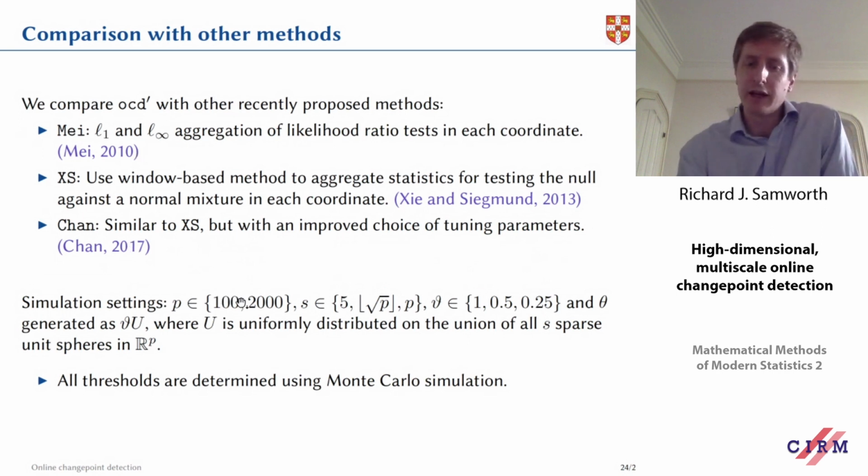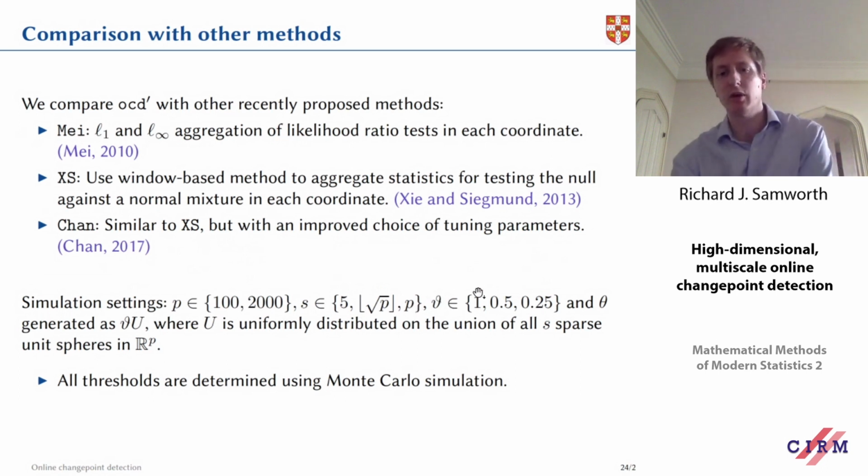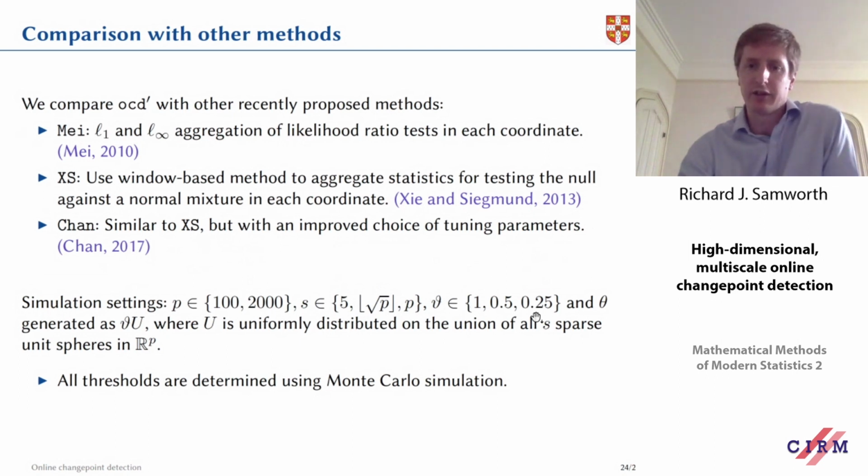So we're going to work in 100 dimensions and 2000 dimensions in a quite sparse, not very sparse, and not at all sparse setting, and with three different signal to noise ratios, I should say.